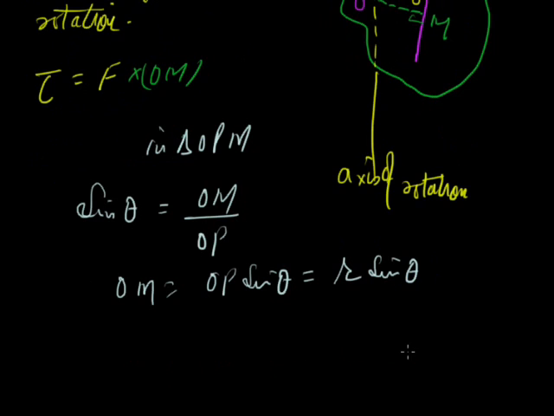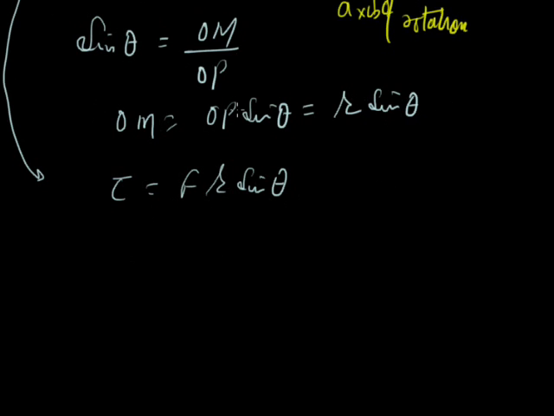We put the value of OM in the formula for tau, so tau becomes F R sine of theta. It means the value of torque, the tendency of rotation, depends on F as well as on R and the angle theta. Suppose this relation is number 1.